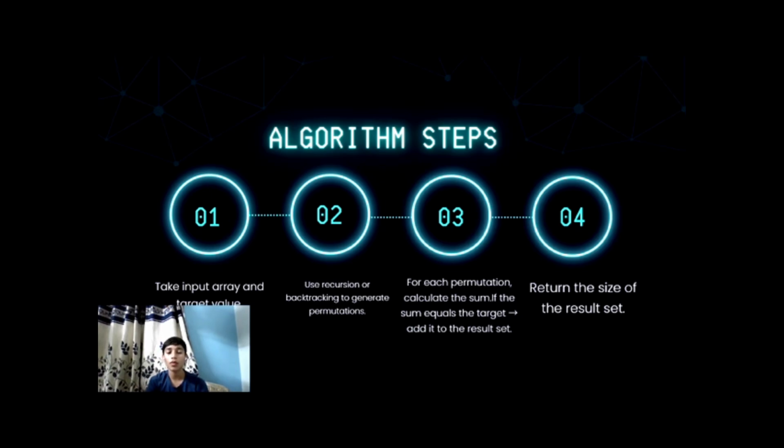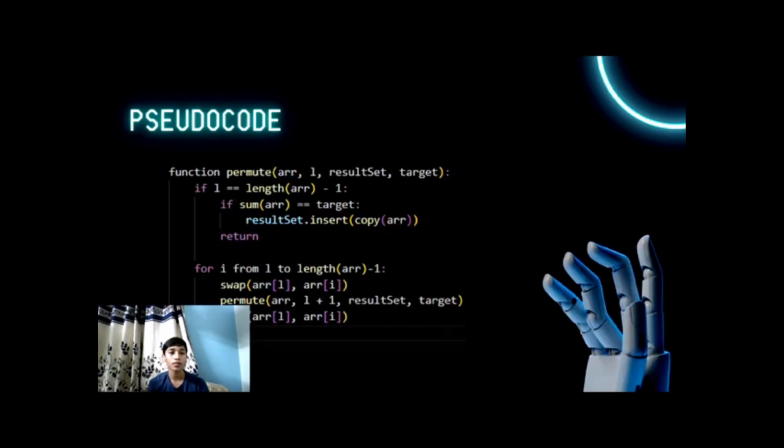If the sum equals the target, add it into the result set. Step 4, return the size of the result set. This ensures that every valid unique permutation is counted exactly once.